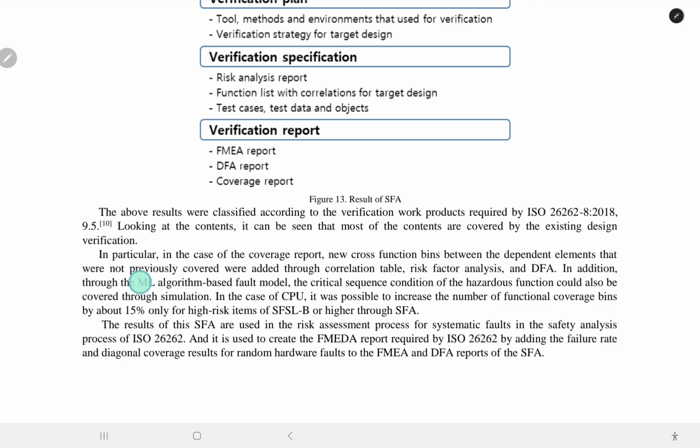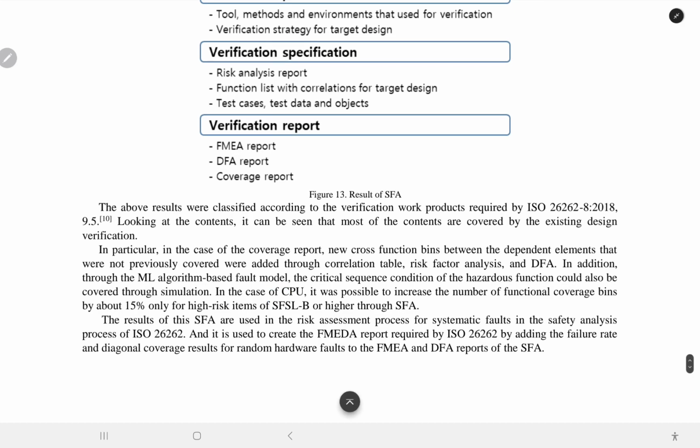In addition, through the ML algorithm-based fault model, the critical sequence condition of the hazardous function could also be covered through simulation. In the case of a CPU, it was possible to increase the number of functional coverage bins by about 15% only for high-risk items of SFSL-B or higher through SFA.